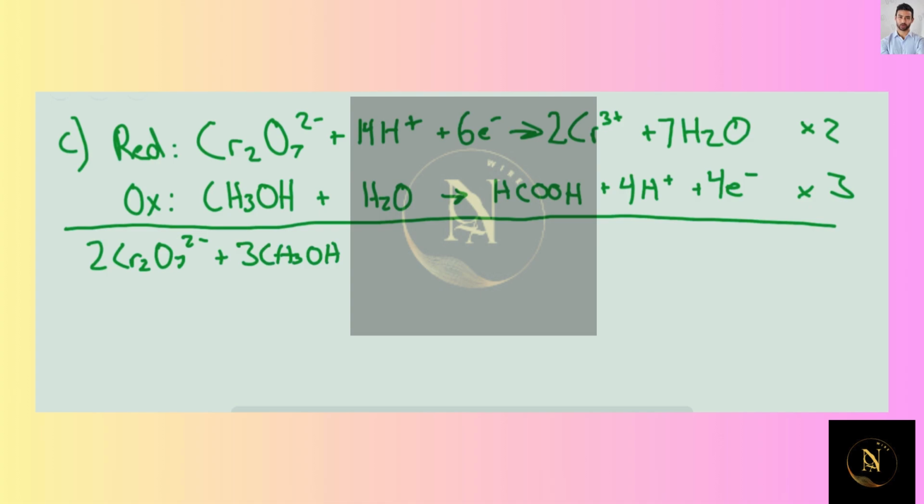Now if we look at our protons, we have 28 protons on top, 12 on the bottom, so when we subtract, we get 16 H+. We have 4 chromium 3+, 3 HCOOH, and if we subtract 3 waters from 14 waters, we get 11 H2O.